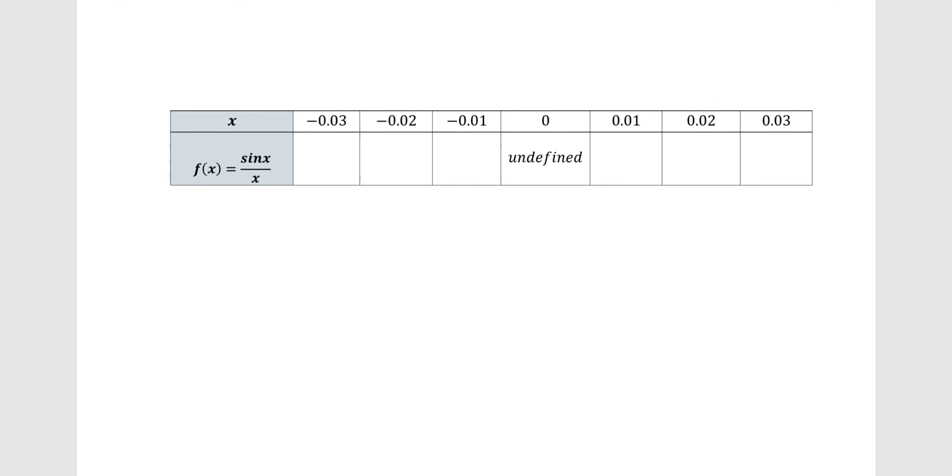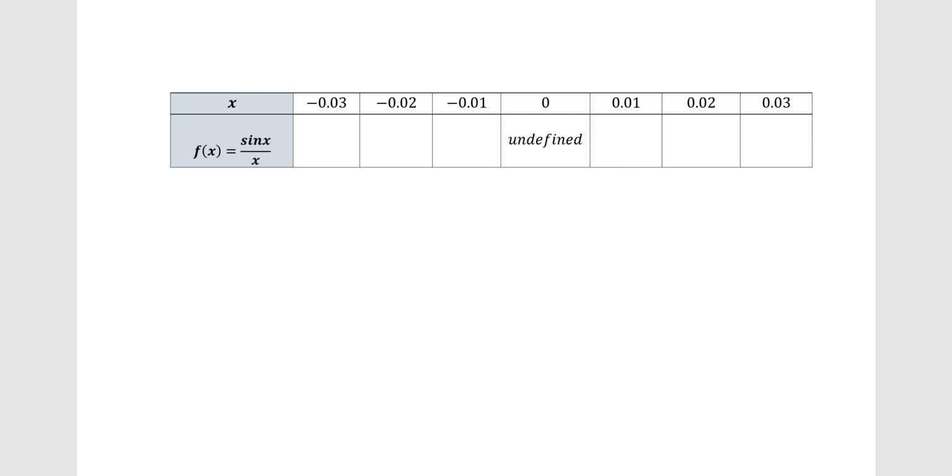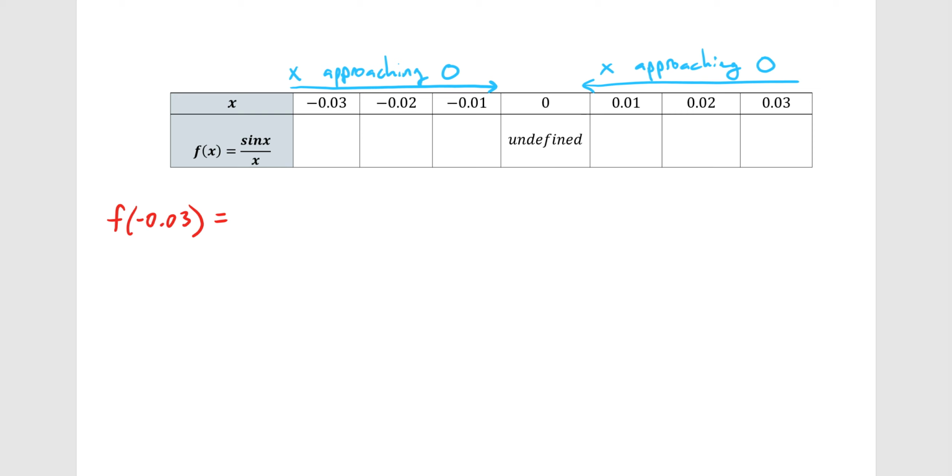For 0 in the middle, I chose x values negative 0.03, negative 0.02, negative 0.01 from the left, and then 0.01, 0.02, and 0.03 from the right. So let's go ahead and plug these in. I'm just going to do one example here. Let's first evaluate f of negative 0.03.